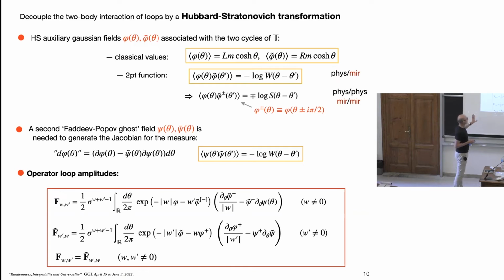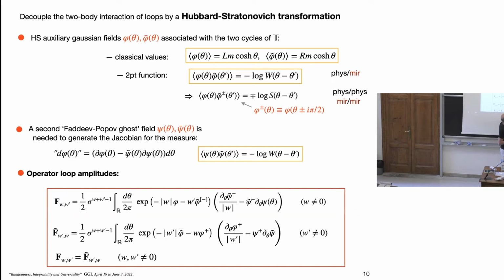In terms of these fields, the loop amplitude with given winding numbers becomes operators. And this is the expression I wrote before, but instead of these classical phases, I write these fields.